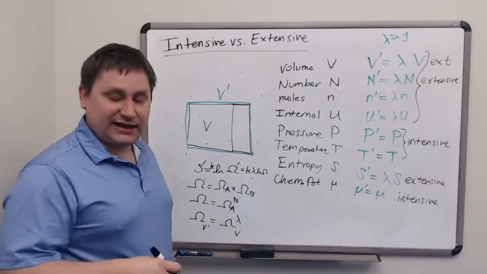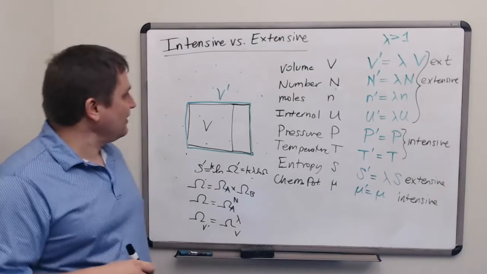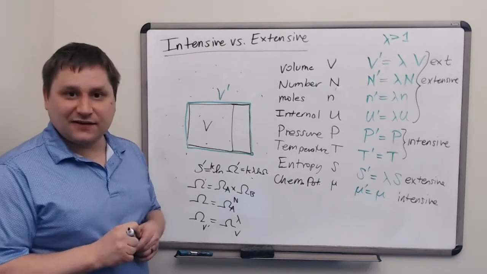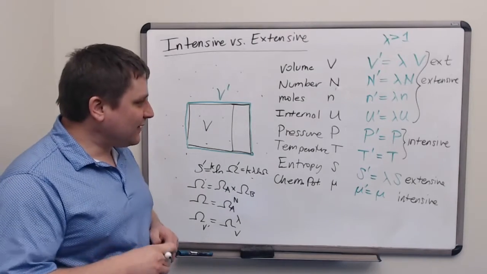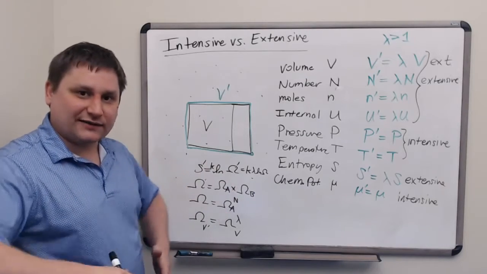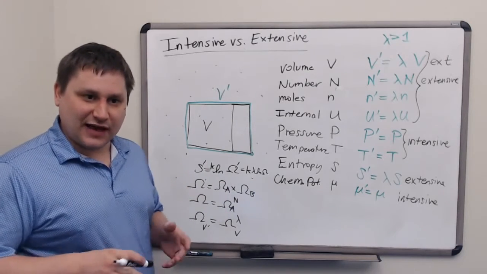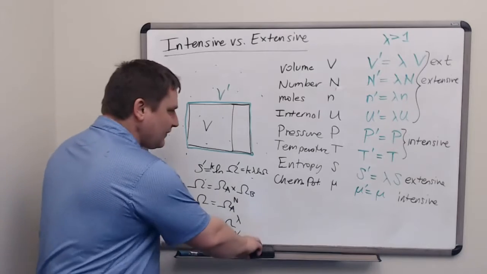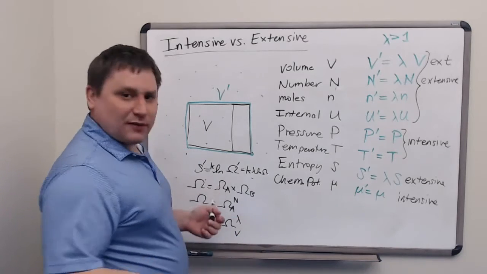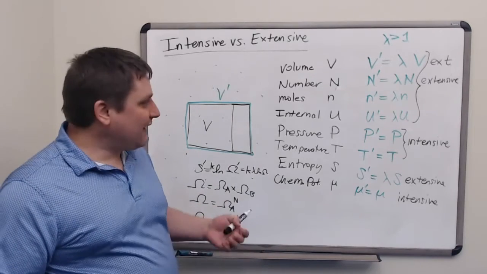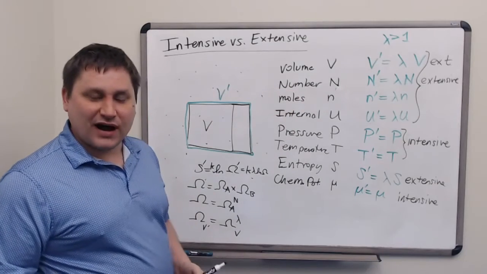They are called intensive variables. So that's the difference between intensive and extensive. It's whether it scales when we look at a larger region of space for the sample or not. Now, every thermodynamic variable can be classified as either intensive or extensive.